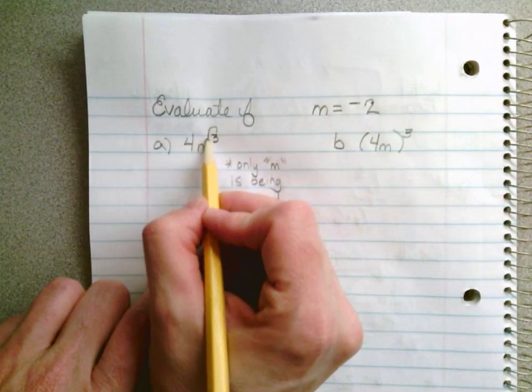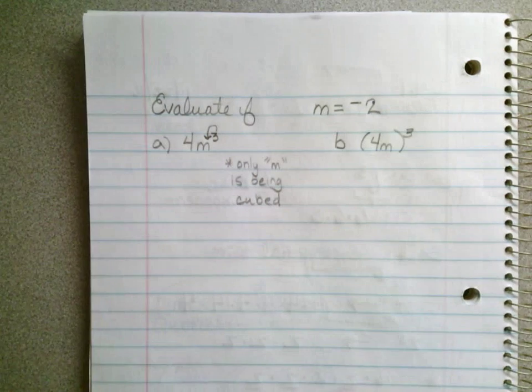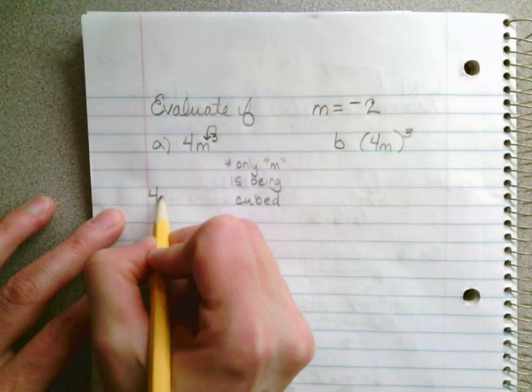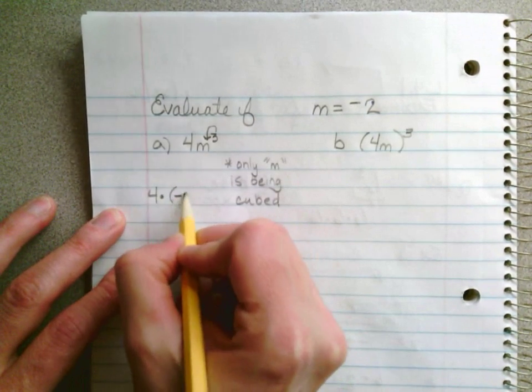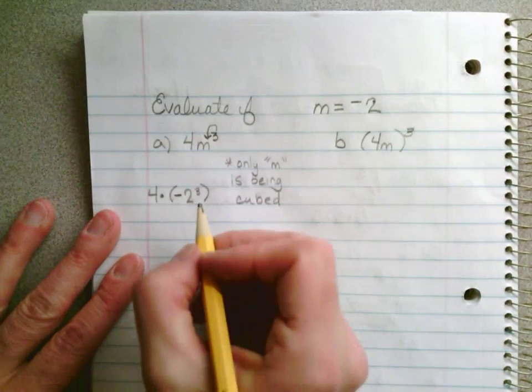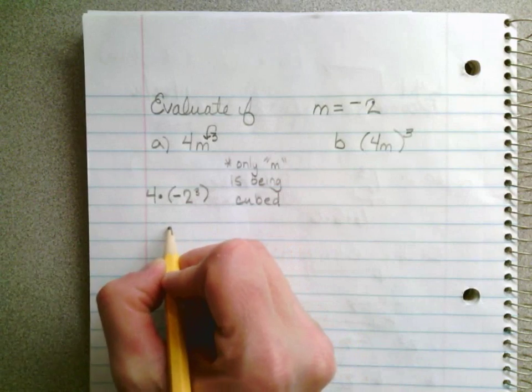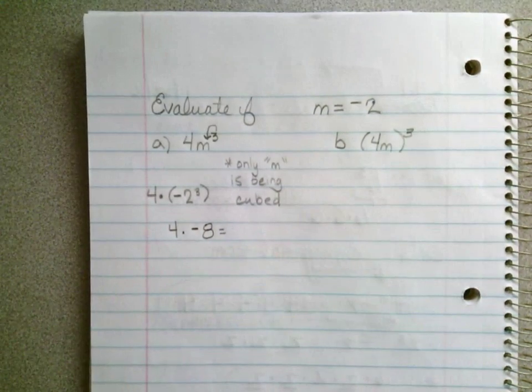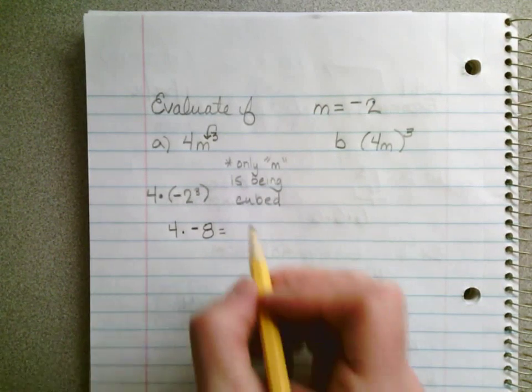The m is the only thing that takes the cube. So it would look like this: 4 times whatever -2 cubed is. Giving you 2 times 2 is 4 times 2 is 8. 4 times -8, right? So for that one, you end up with a negative 32.